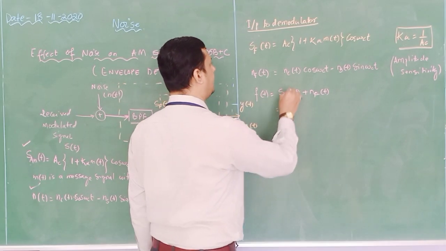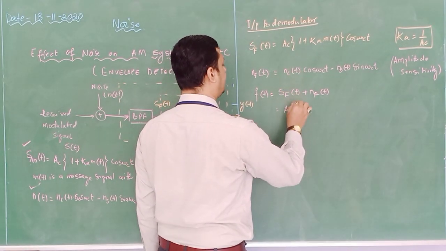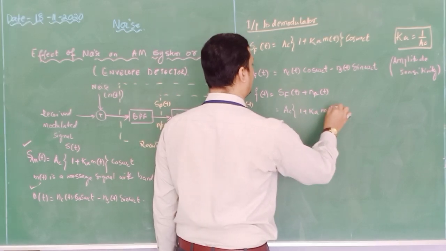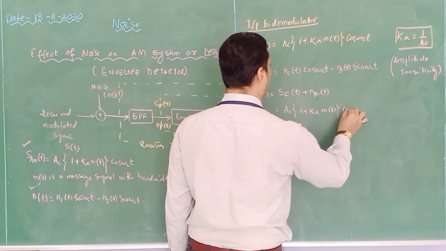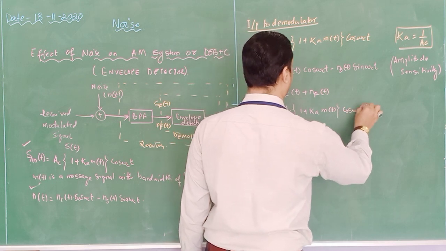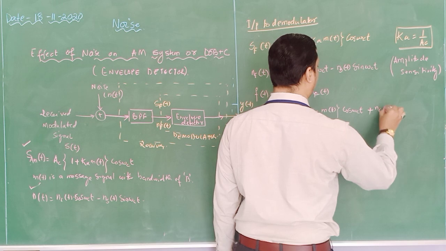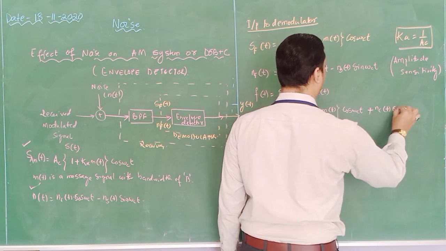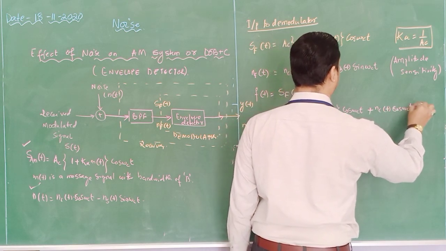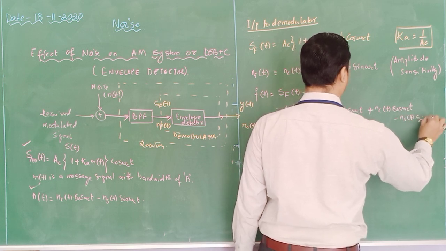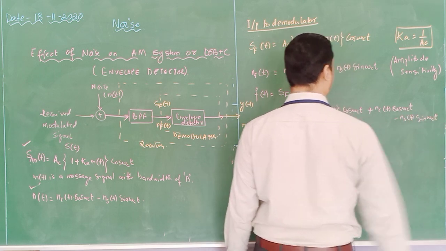So s(t) = Ac[1 + Ka m(t)] cos ωct plus n(t), substitute the value, Nc(t) cos ωct minus Ns(t) sin ωct.